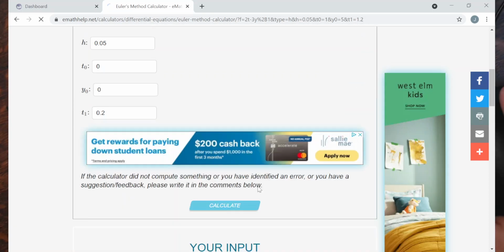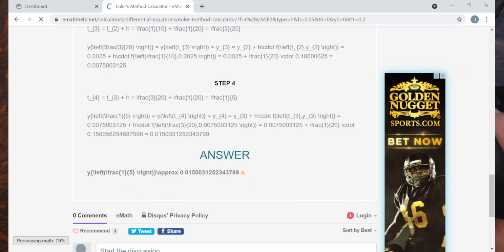Again, it's going to take a little while to do all that stuff here. There should be 4 steps. Right? They got the 4 steps there. And you see it's approximately 0.0150. Right, 0.0150 after all that. All right, so I'll just go back up.